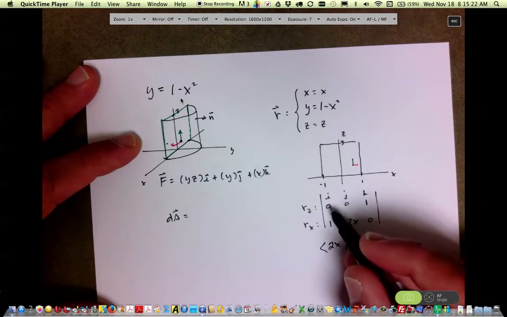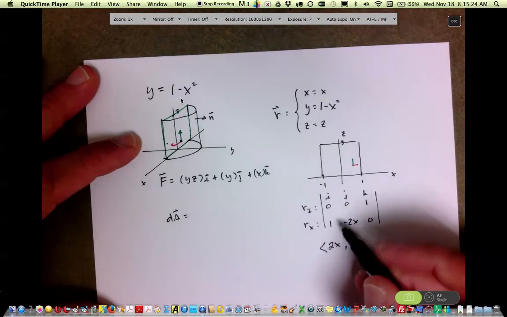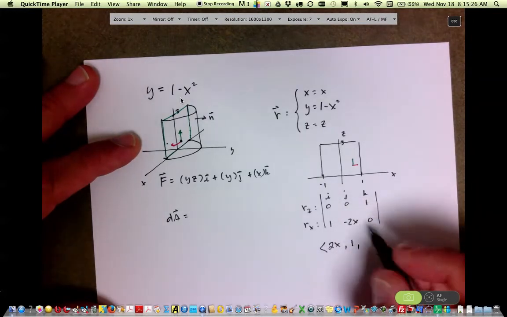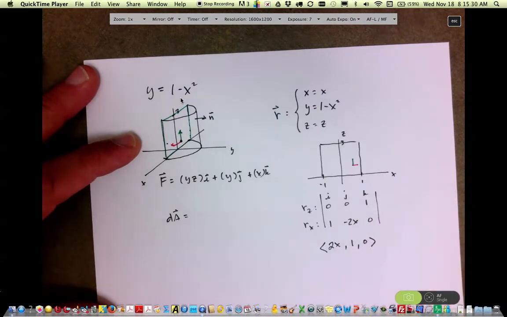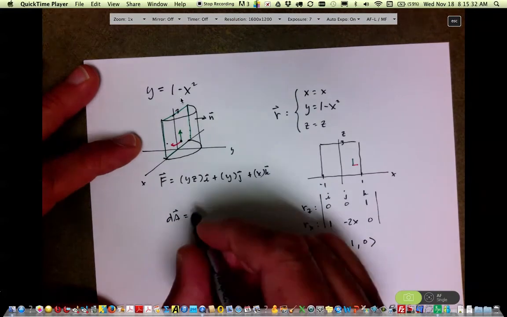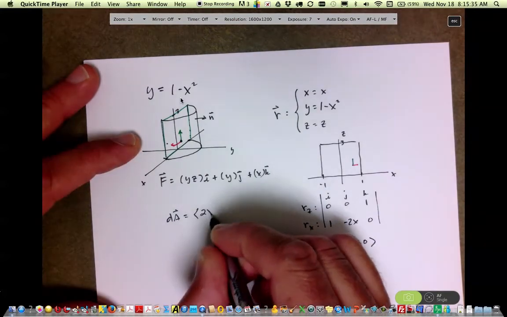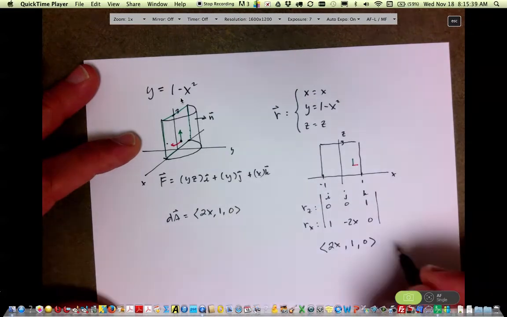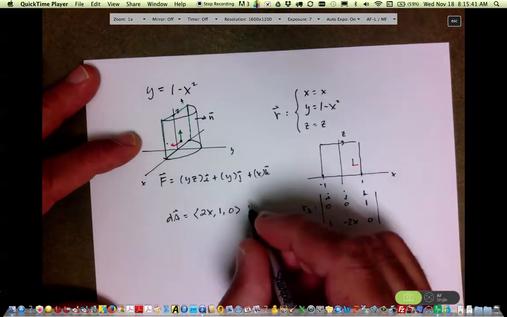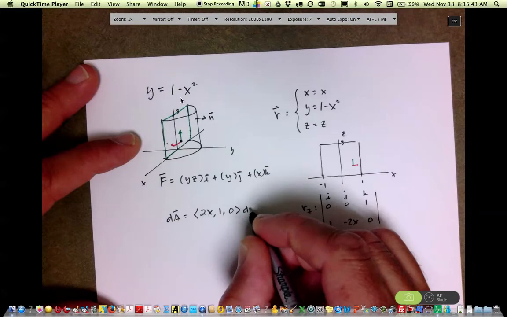The j component is 0 minus 1, and then I have to change the sign on that. The k component is 0 minus 0, which is 0. So the dA on this one is 2x, 1, 0, and then the differential is just dx and dz.